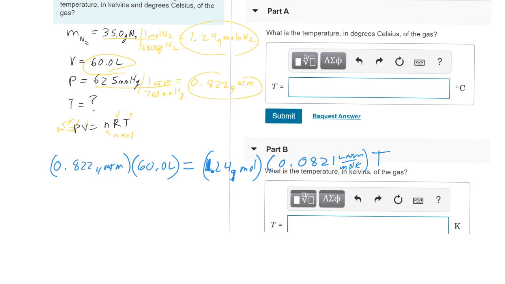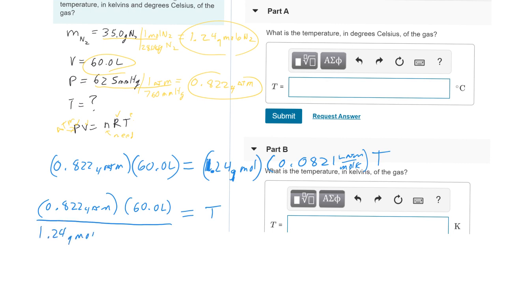Now it's algebra. Get temperature by itself. That's 0.8224 atm times 60.0 liters divided by 1.249 moles times 0.0821 liter atm per mole Kelvin.